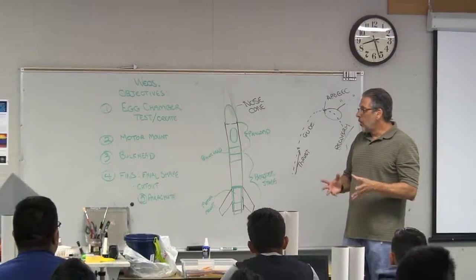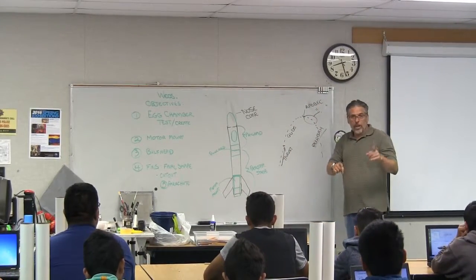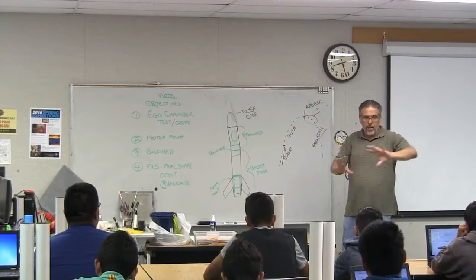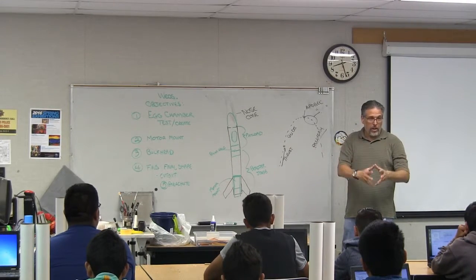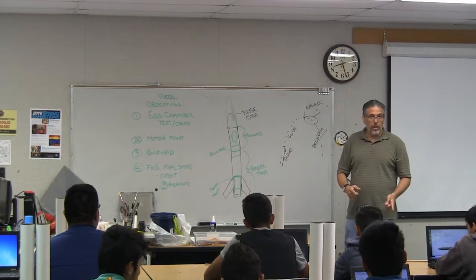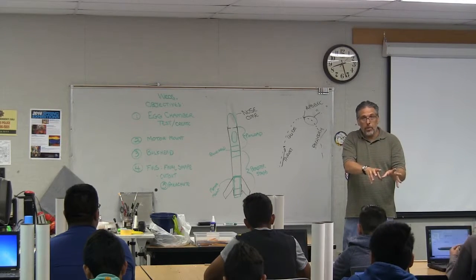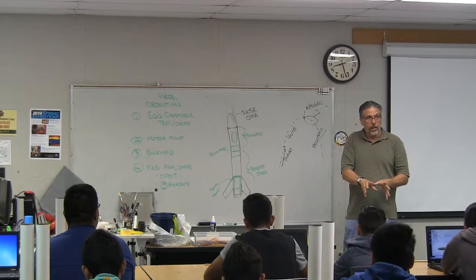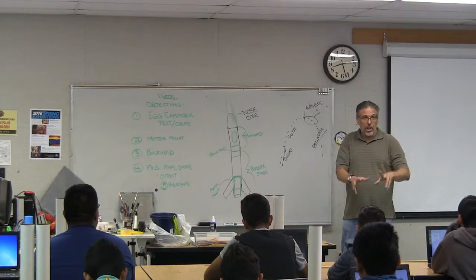To do that, we're doing both a build and we're doing the design. So you're taking the 3D program and you're making your rocket. And that's what you did yesterday. So you have your design. Now you're going to build it. Now, unlike the first week, you have to stick to the design that you have on the computer. You cannot modify it. Or if you do, you have to modify it on the computer to see what that changes.